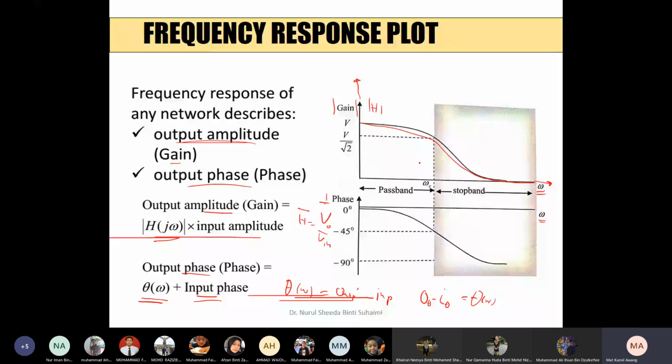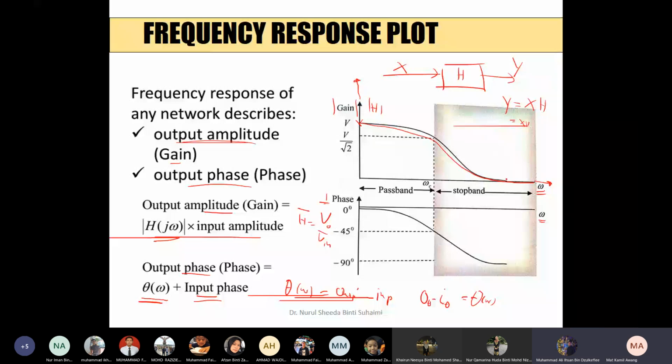You have X, you have H, you have Y. So Y is equal to X times H. Let's say the value of H is V. So what is Y? H is V, so Y is equal to X V, the gain.